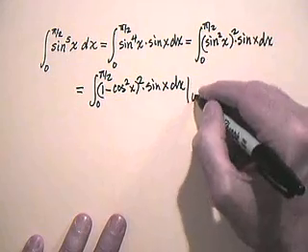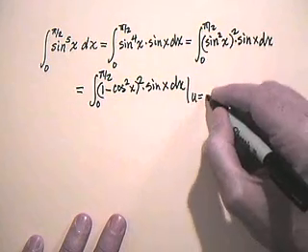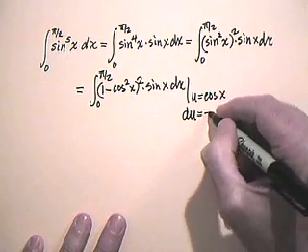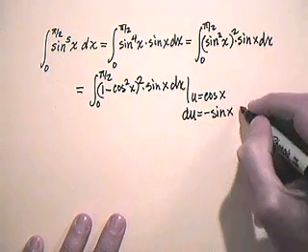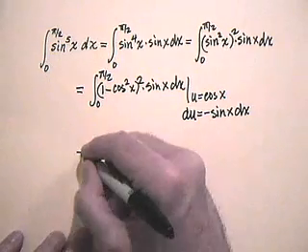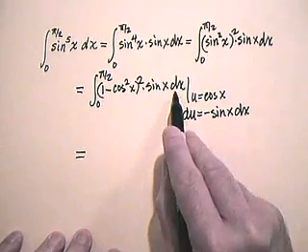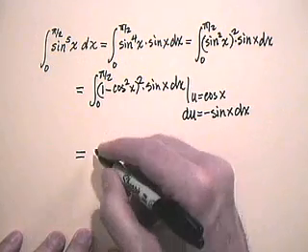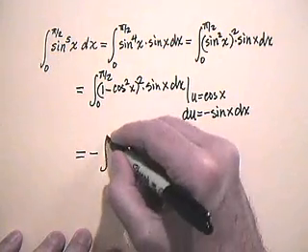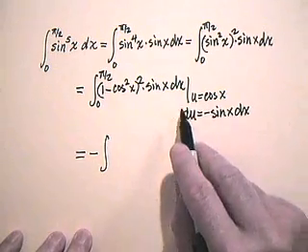And you see at this point we can use substitution. We're going to substitute u equals cosine x. Then du is simply negative sine x dx. And so consequently, sine x dx is negative du, which will come outside the integral. We have negative of the integral, and now let's change our limits.